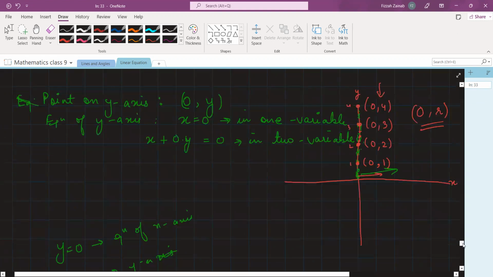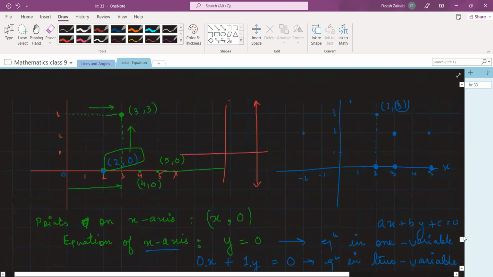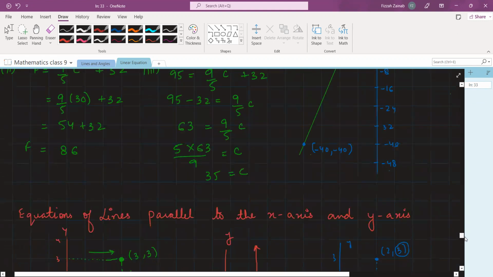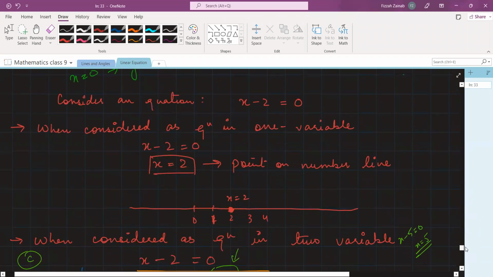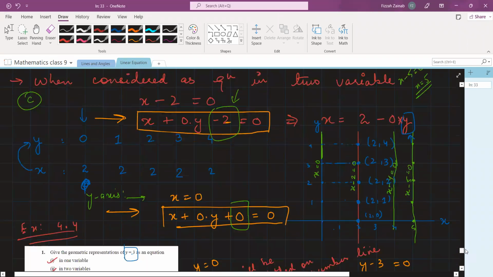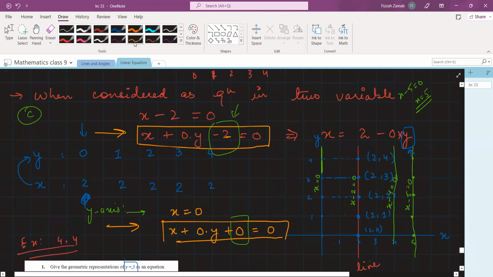And if you again go to the examples I was giving you, this question, if you remember, so I used this, right? x minus 2 is equal to 0, right? Can you see this?